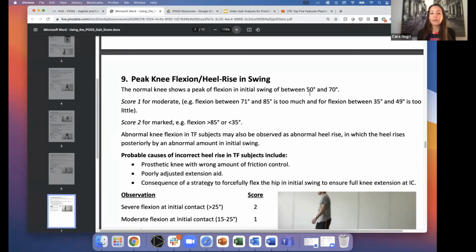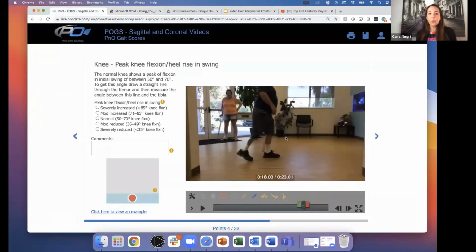Textbook is 60 degrees of heel rise and knee flexion. So we're going to score a marked for any flexion that's greater than that or less than 35 degrees, or score 1 for moderate. So between 71 and 85 is too much flexion, and 35 to 49 is too little. I don't know why, but this is one of my favorite ones.